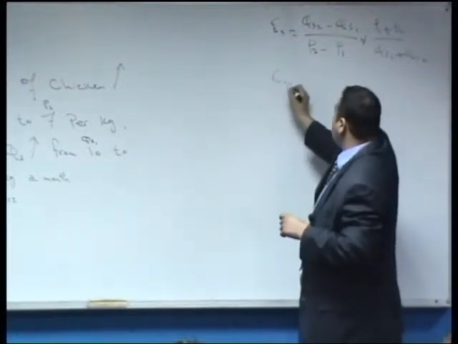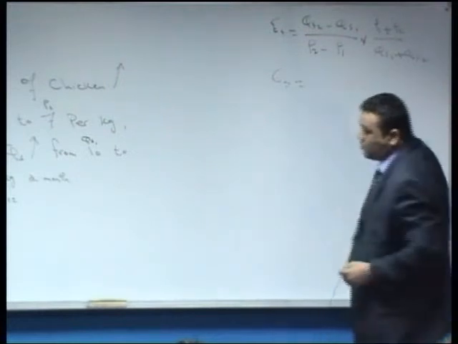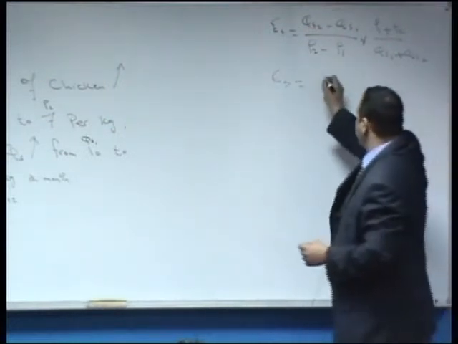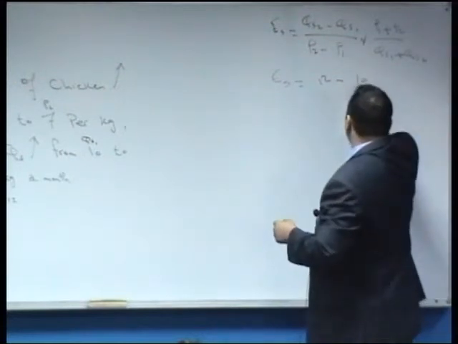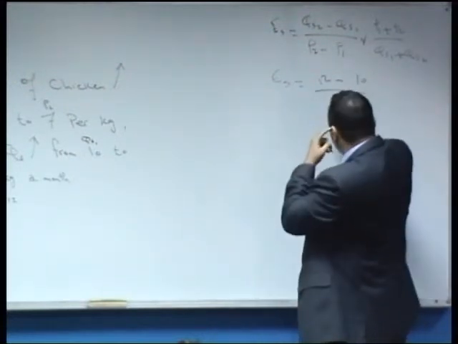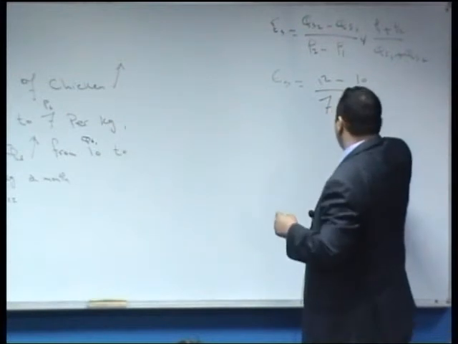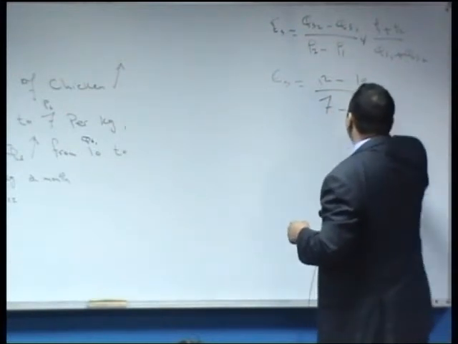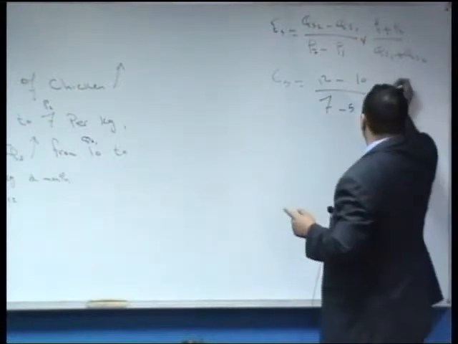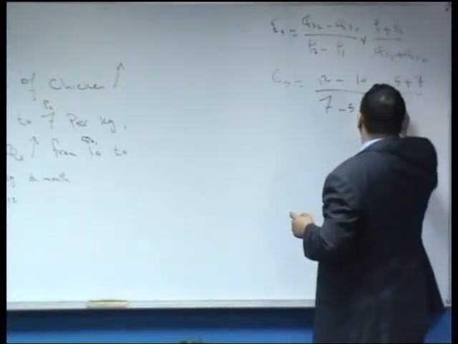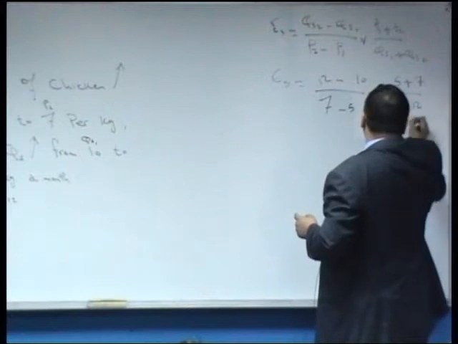So ES equals 12 minus 10 over 7 minus 5 times 5 plus 7 over 10 plus 12.